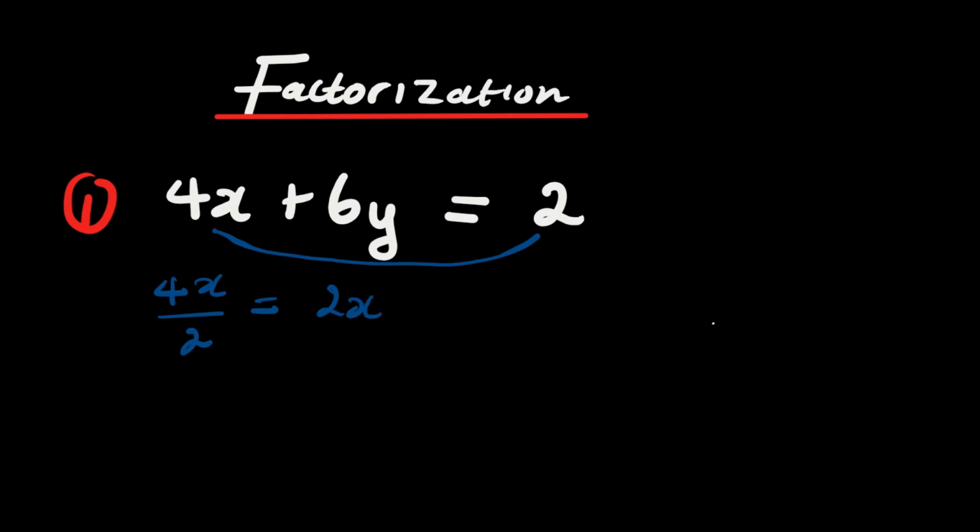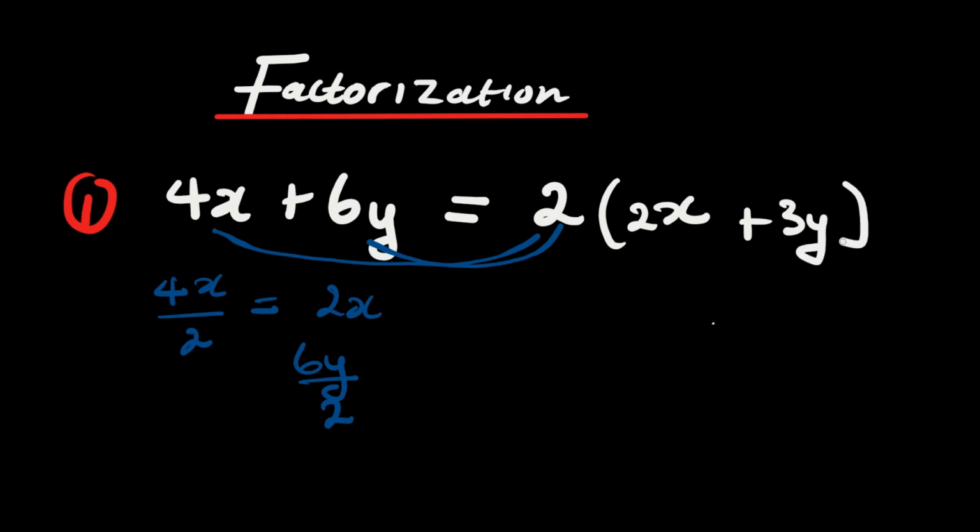So we come back here and say 2x is what we have. Now we take again this 2 and divide 6y by it. 2 enters 6 three times. So we have plus 3y. There's nothing more to be done. This is our final answer.